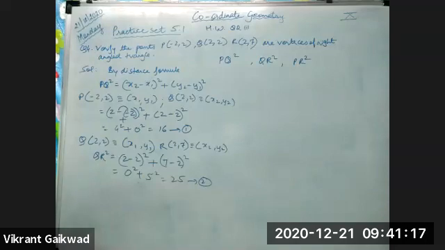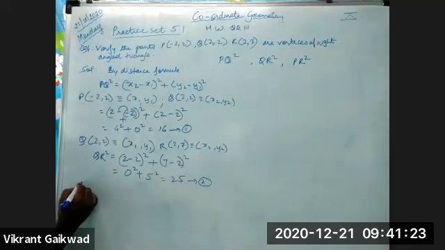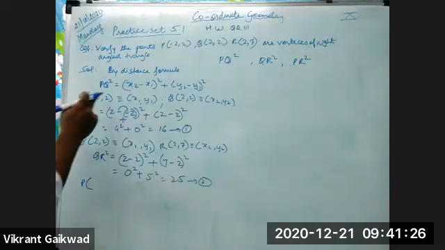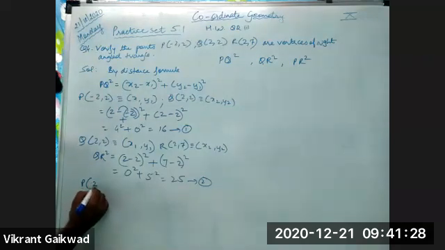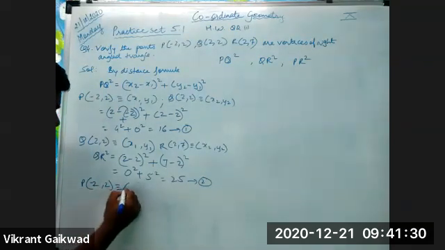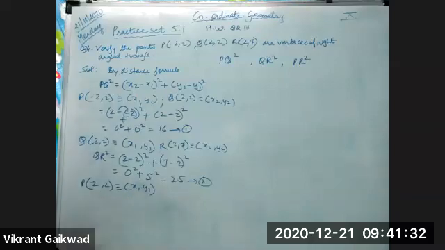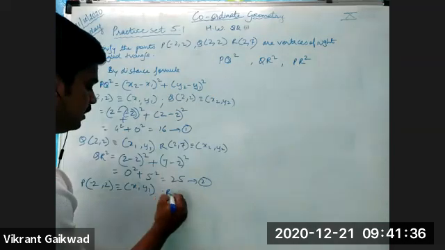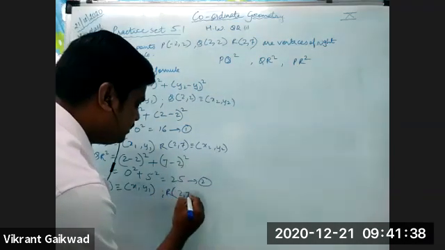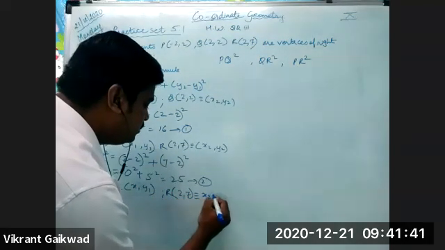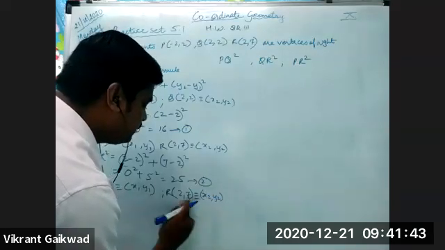Now what we'll do is we'll find the next one, PR. So P would be equivalent to x1, y1, and R, which is 2 comma 7, would be equivalent to x2, y2.